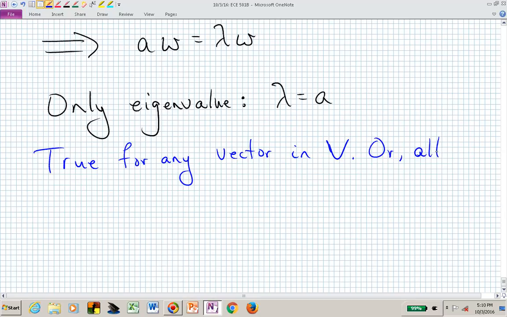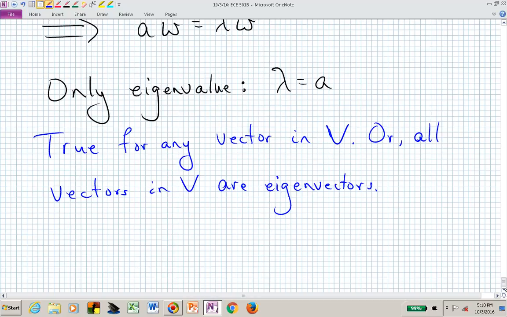Or it's true for all vectors in V, which can be thought of as eigenvectors for that particular scaled identity map AI.